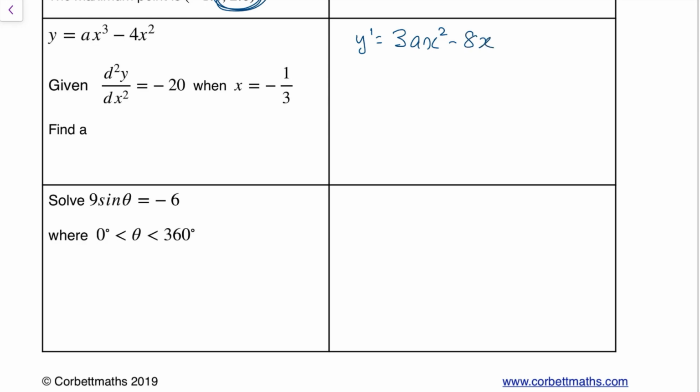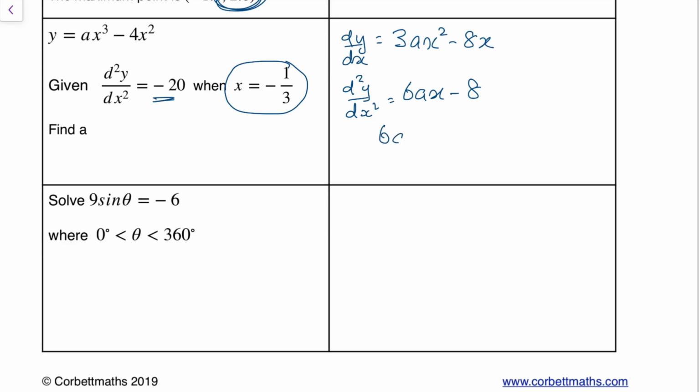If I differentiate again, well, just as an aside, I wrote down y dash. Let's write it down how you've probably seen it more, so dy/dx. If I differentiate it again, that's going to be d2y/dx squared, which is going to be 6ax minus 8. And then what does it tell me? It tells me when x equals minus a third, d2y/dx squared is equal to minus 20.